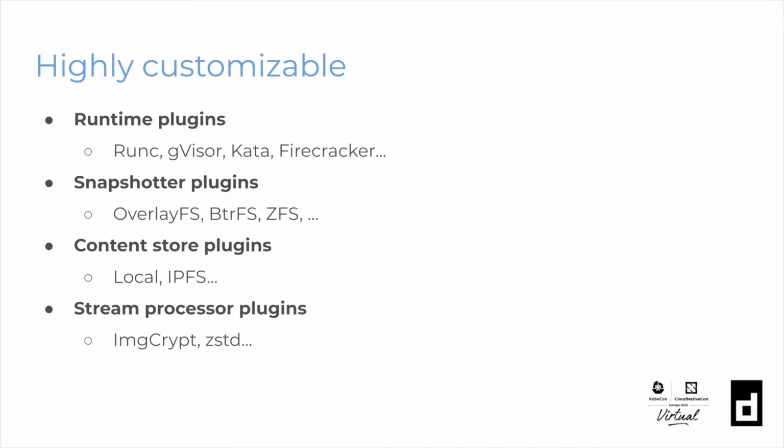We have support for runtime plugins such as runc and gVisor, and snapshot plugins such as overlayfs and btrfs. And also we have content store plugins and stream processor plugins. My co-speaker Wei Fu will take a deeper look at these plugins later.